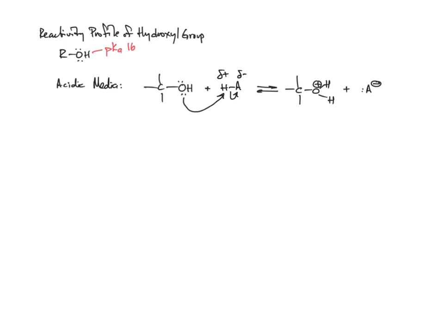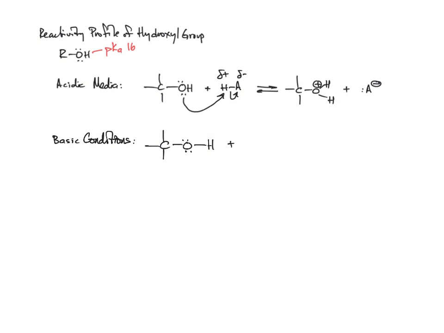So under acidic conditions, the alcohol will act as a base. But what about under basic conditions? Here's our general alcohol. Again, we're not specifying what those substituents are on the carbinol carbon.